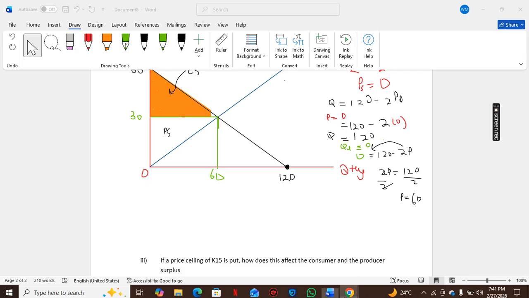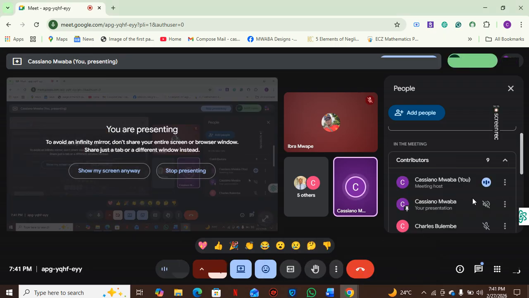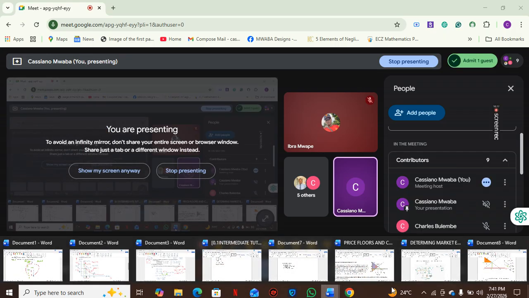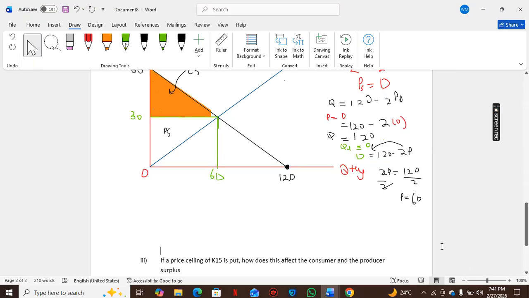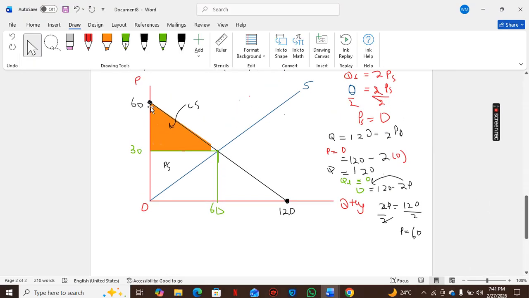So we'll start with the consumer surplus. Basically, it's just like getting the area of a triangle, colleagues, if we remember from high school. Here we have two triangles. This triangle is for the consumer surplus. This triangle below is for the producer surplus. So you just need to find out what is the height of this triangle.